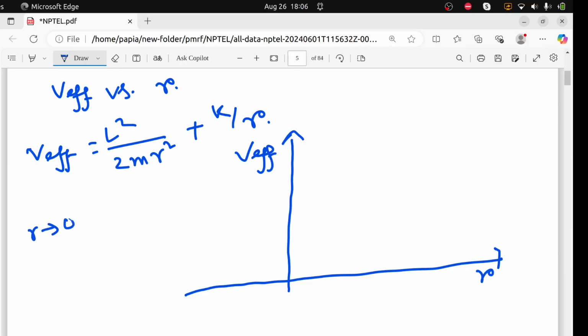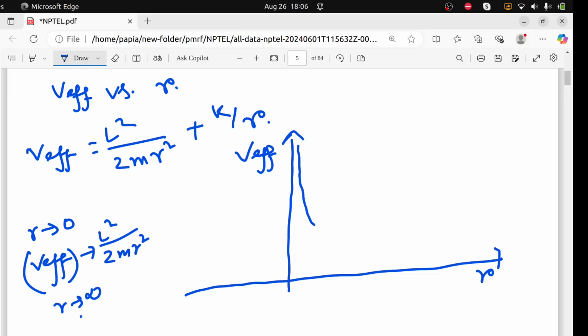As r tends to 0, our V effective will be L square by 2m r square, right? So it will be like that. And as r tends to infinity, our V effective will be K by r. And one more thing: in this V effective versus r, can we get any point where V effective will be 0? To get V effective as 0, we would have to go to an infinite value, and both terms are positive. So we can write it like this only.